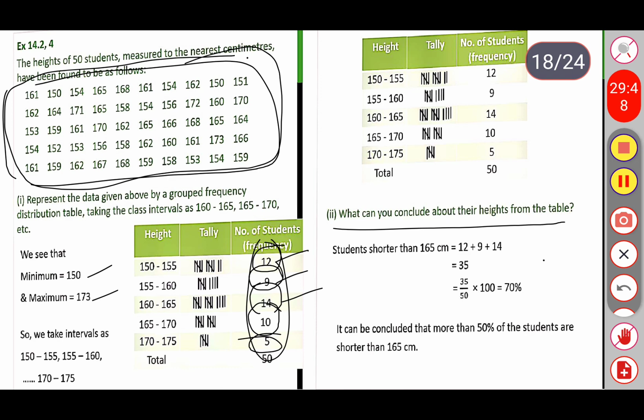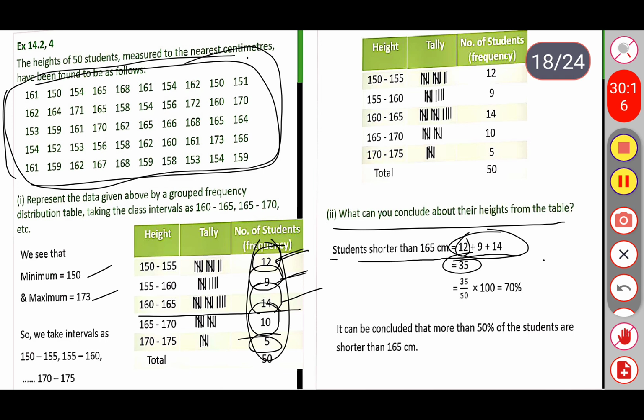So students shorter than 165 centimeter, it means here we are considering the students who have their height less than 165 centimeter. 12 students, 9 students and 14 students. Once we add all these three, we get 35. So out of 50 students, 35 students are having their height within 165 centimeter.